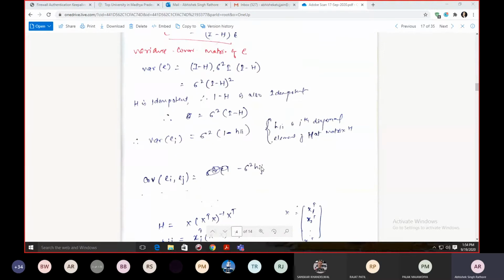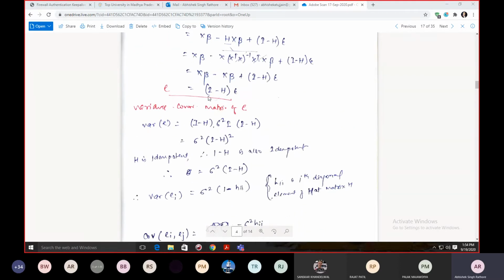Again, when we go for the covariance and variance, the covariance-variance of this residual is just equal to (I minus H) into sigma square I into (I minus H). So this is sigma square into (I minus H) whole square. When we consider this, H is an idempotent matrix. So when H is an idempotent matrix, I minus H is again an idempotent matrix.